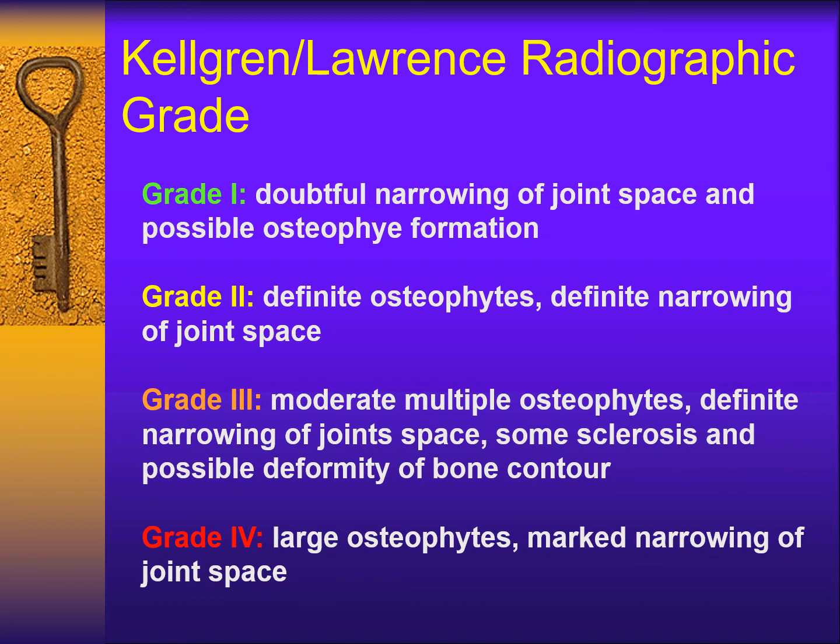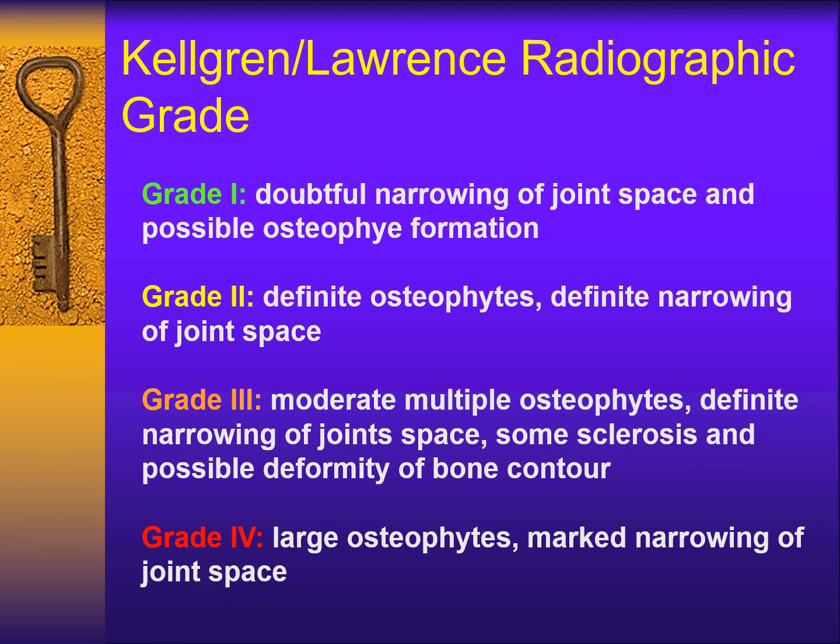Then as we move up through grade 2, grade 3, and grade 4, we see more and more osteophyte formation, more and more joint space narrowing, and we may see more sclerosis as well.